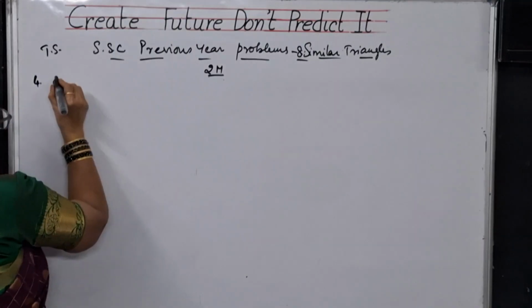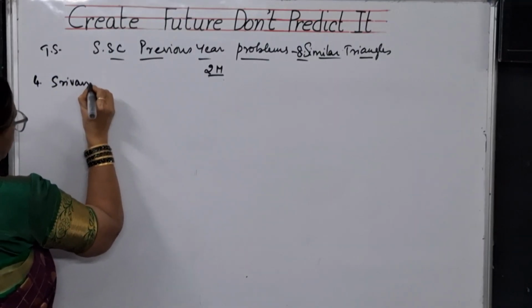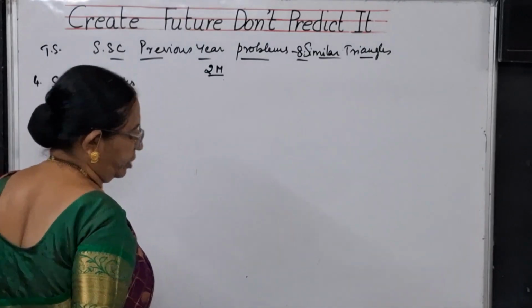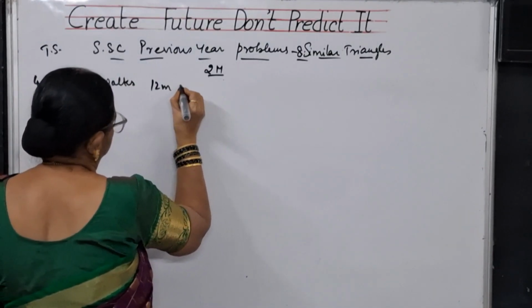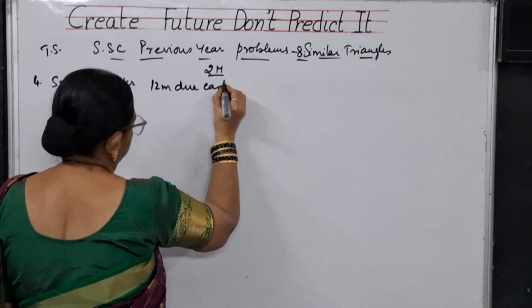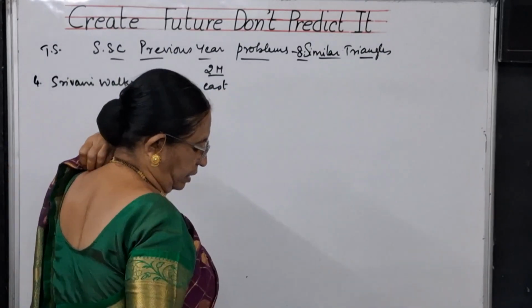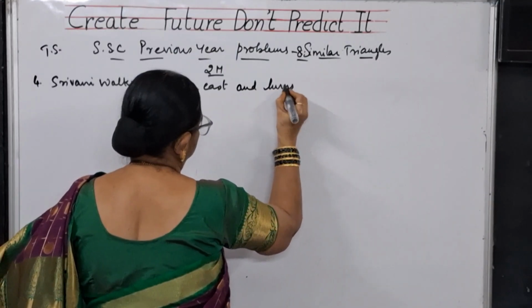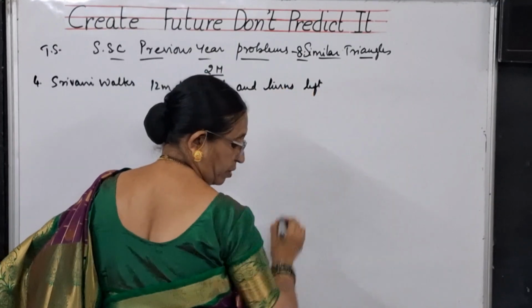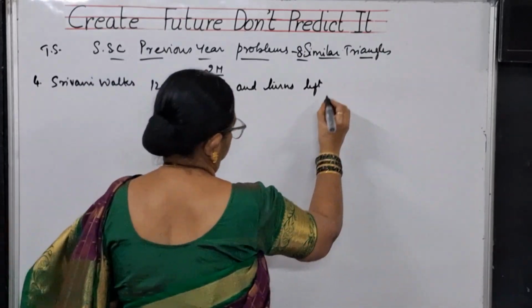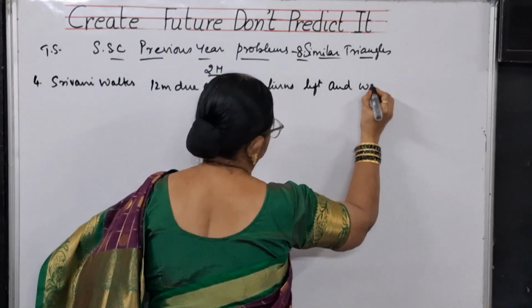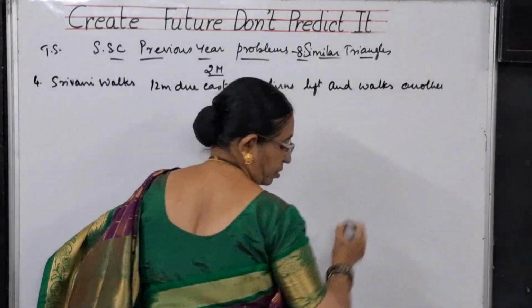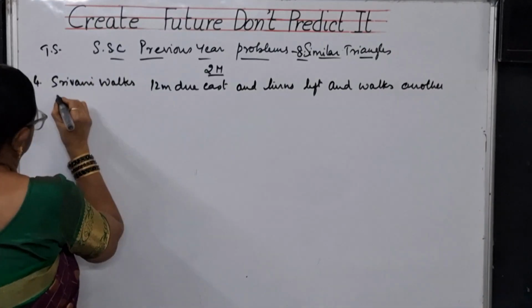Srivani walks 12 meters due east and turns left and walks another 5 meters.